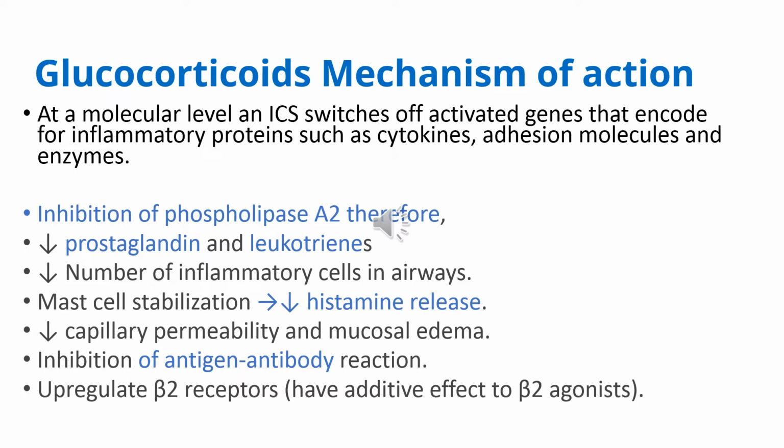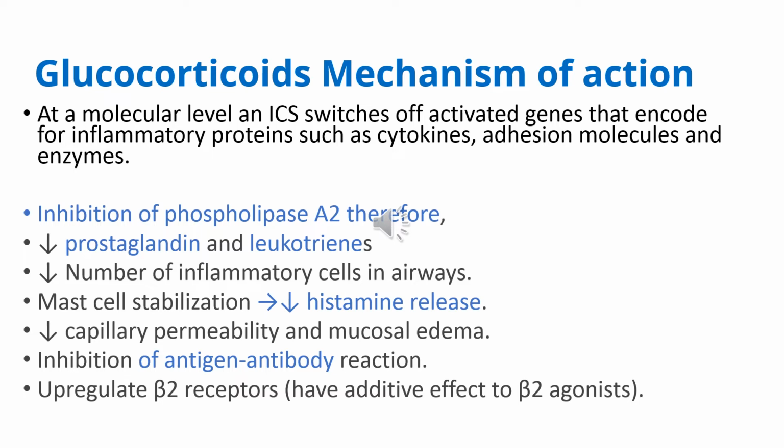Glucocorticoids mechanism of action. At a molecular level, an ICS switches off activated genes that encode for inflammatory proteins, such as cytokines, adhesion molecules, and enzymes.